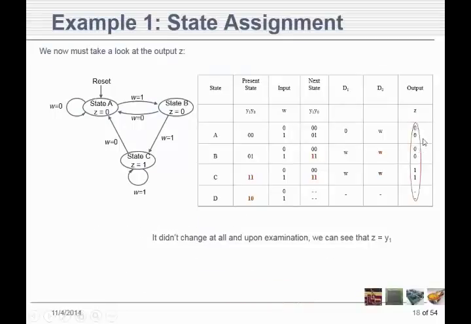Looking at these again, this should have been 10 because that's associated with the present state. 1 0 associated with the present state, and 1 1 associated back here. But as you can see, if it's 0 0 1, this is 0 0 1, it's the same as y1. Okay, you could make it more difficult if you want. It wouldn't hurt anything.